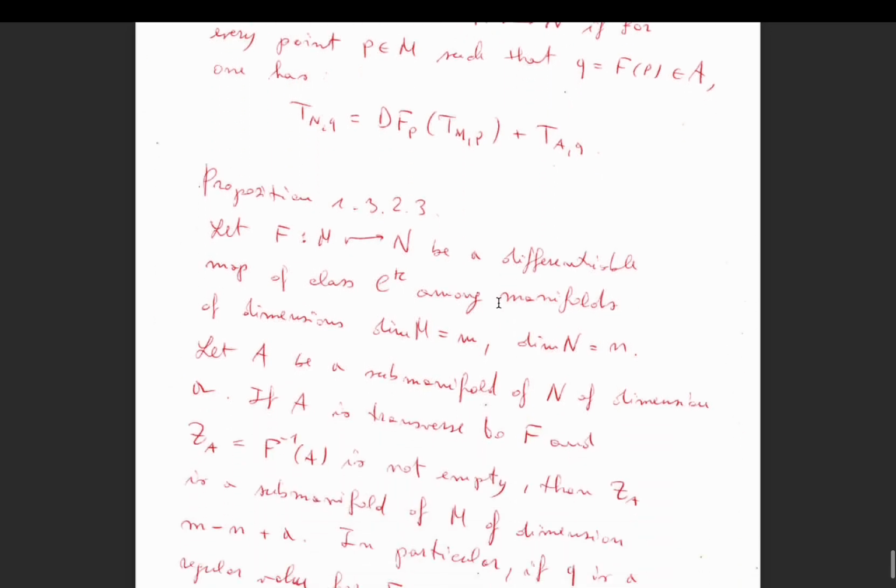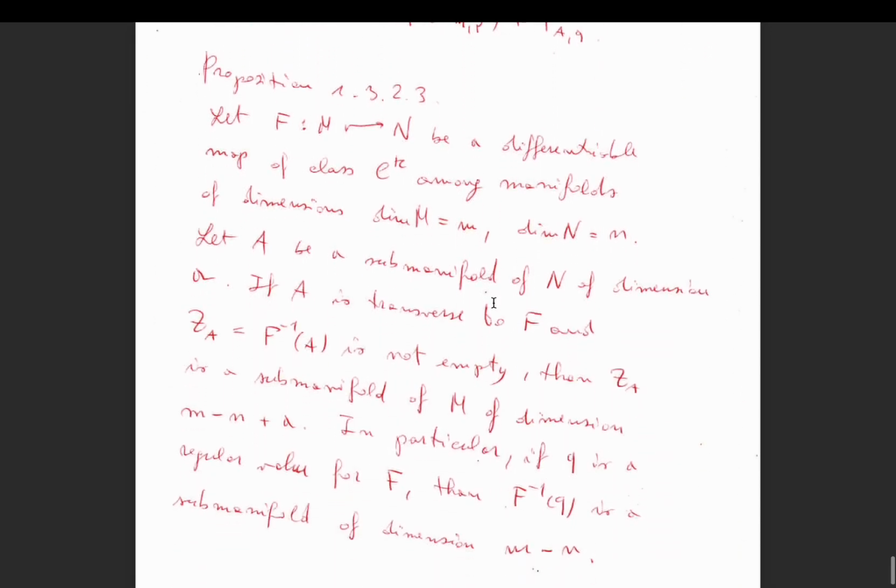Now a theorem holds, and is the following. Suppose that f from M to N is a k-regular function between a manifold M of dimension small m and a manifold N of dimension small n. Assume that A is a submanifold of N of dimension small a.